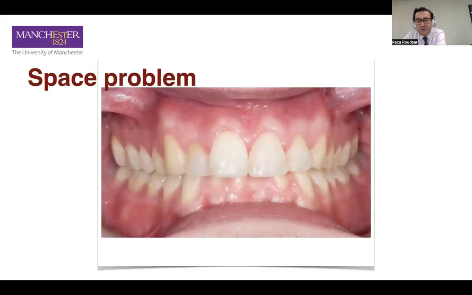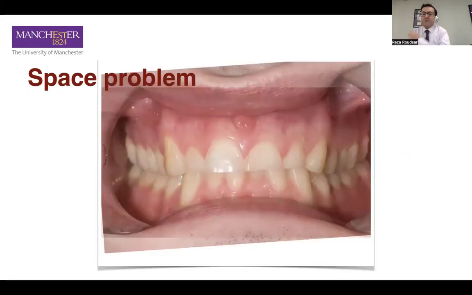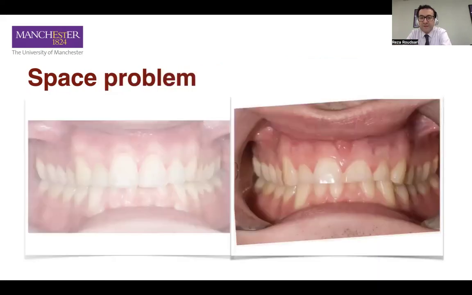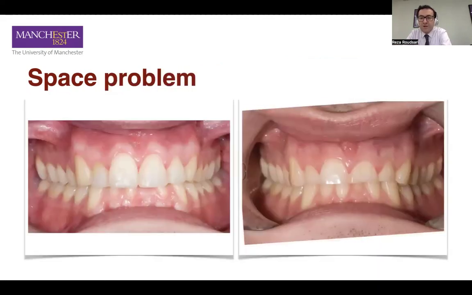So here's a patient of mine, who was in his early 20s. And then I lost him for a couple of years, and he was actually drinking a lot of acidic drinks, and then had a massive episode of GORD. And essentially that's how he came back 2 years later. And he's got a lot of palatal wear. But what's most important for you to note is how much the front teeth have shortened, but as you can see, there's no space.